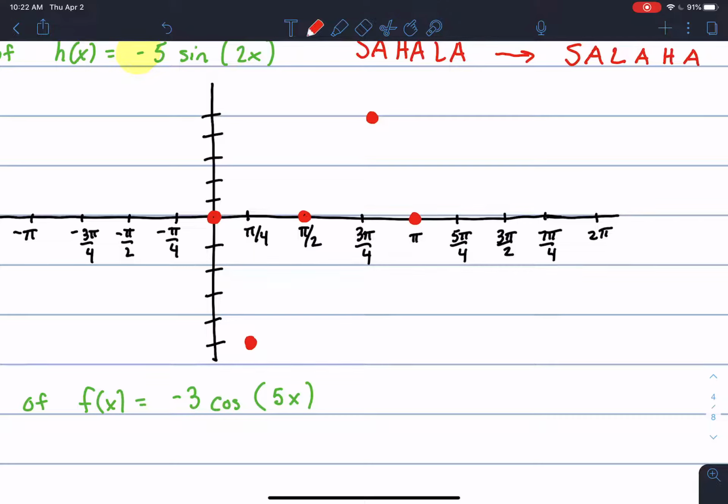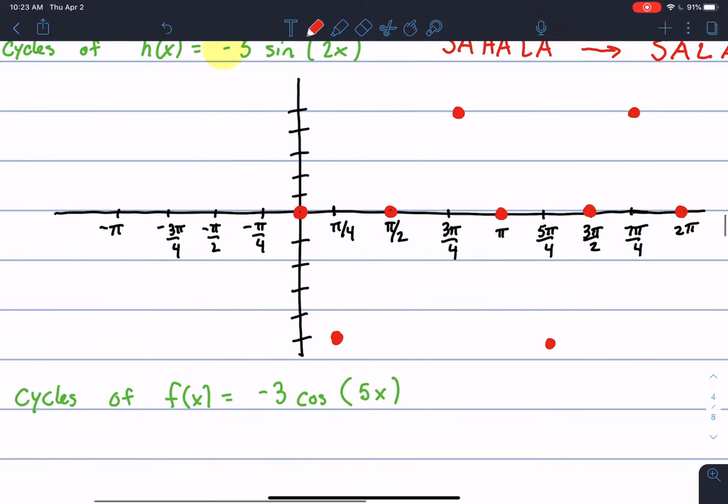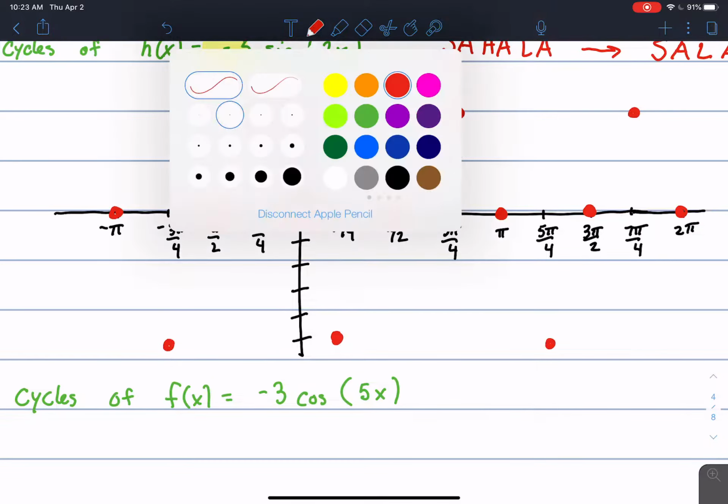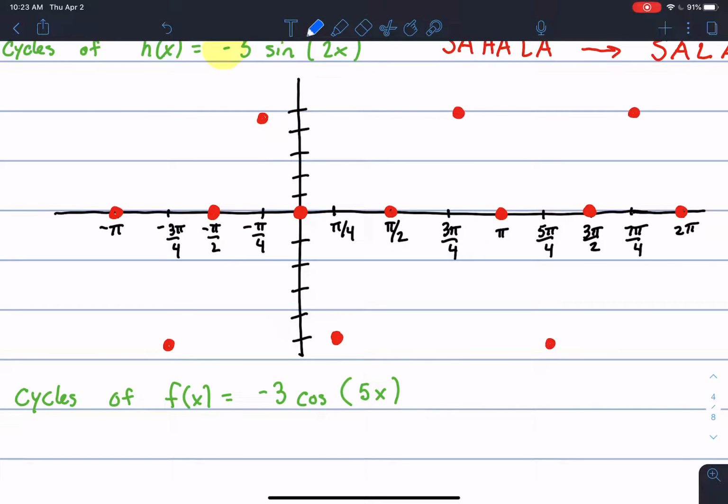You're flipping your high and your low points over the x-axis. Then you just draw your curve from there.